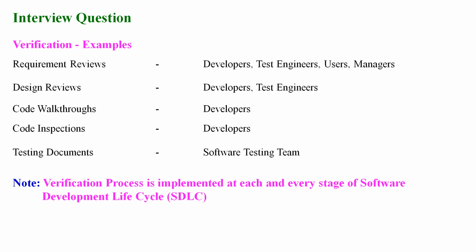Verification on testing documents will be performed by the software testing team. Like this, at each and every stage in the software development lifecycle, verification process will be implemented. Respective team members will involve at each and every stage for the verification process.